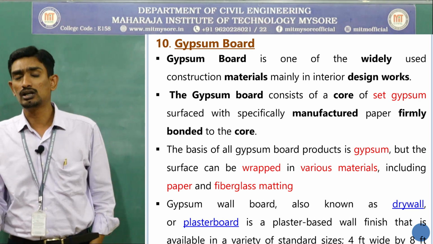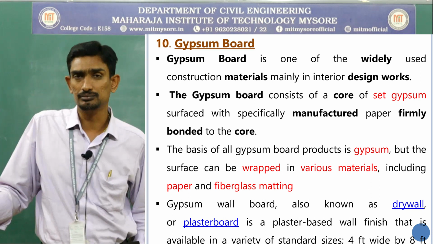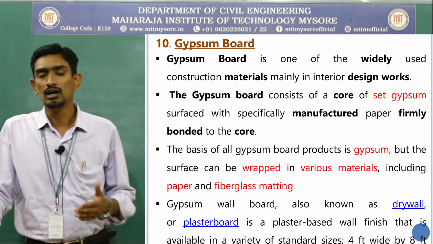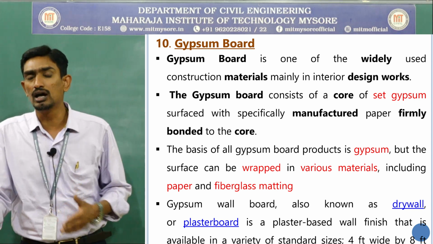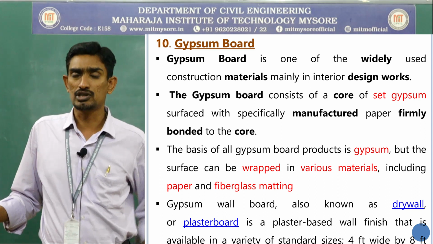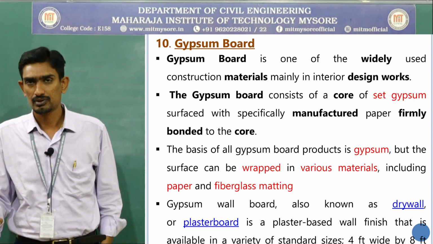If you want quick setting, we can go with a higher percentage of gypsum. That's why in the manufacturing of cement, we limit the gypsum to less than 5%. We should not go beyond 5%, so we need to be very cautious while using gypsum.